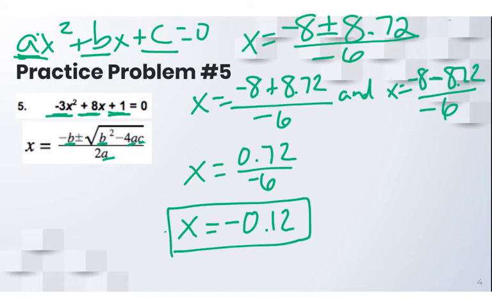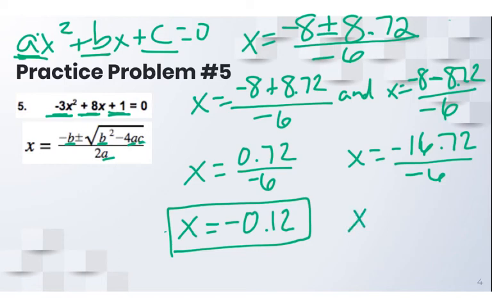And the other one, so x equals, I'm going to put negative 8 minus 8.72. And I get negative 16.72. Divided by negative 6.